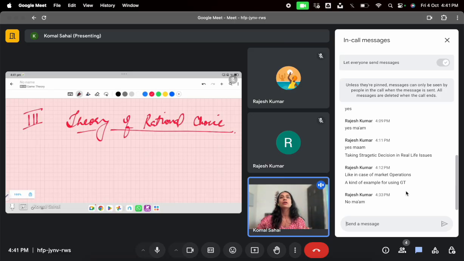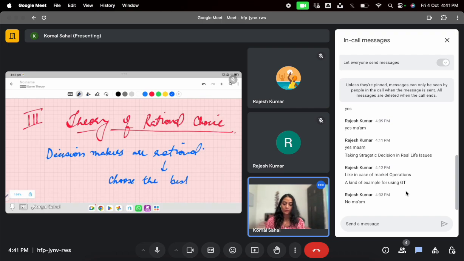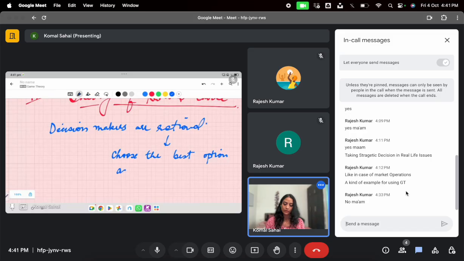So we assume that all decision makers are essentially rational, right? So decision makers are rational, and this rational essentially implies that all decision makers choose the best option according to their preferences.